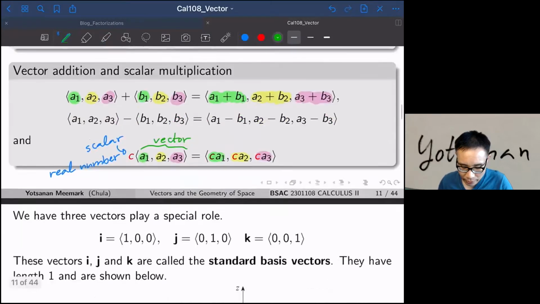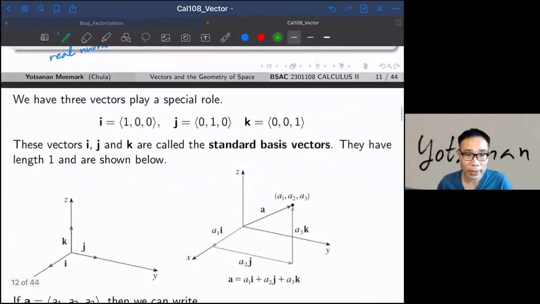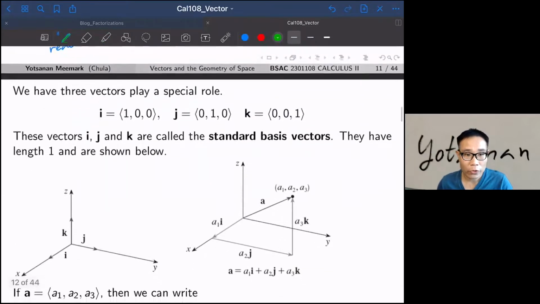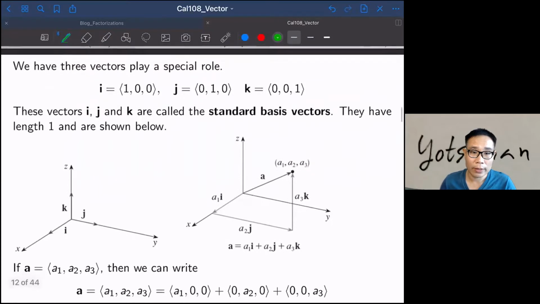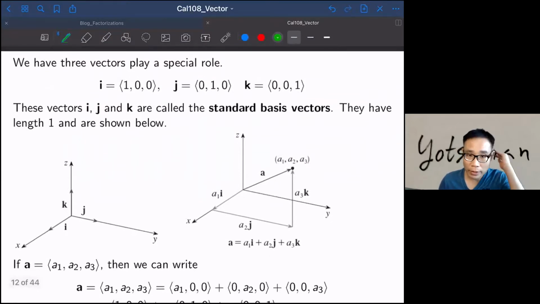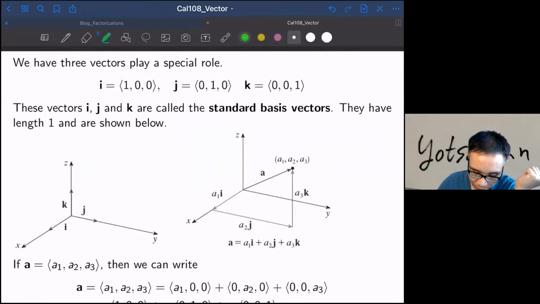We're going to have three vectors that play a special role. They are the coordinate vectors on the x-axis, the y-axis, and the z-axis respectively: vector i, vector j, and vector k. So you have vector i in this form, and vector j and vector k.